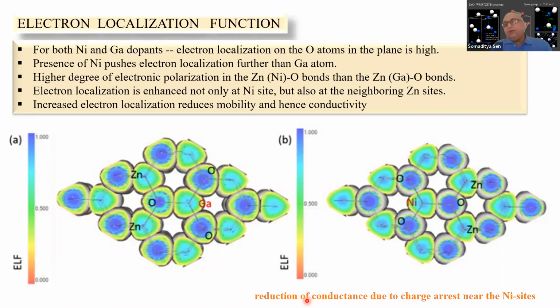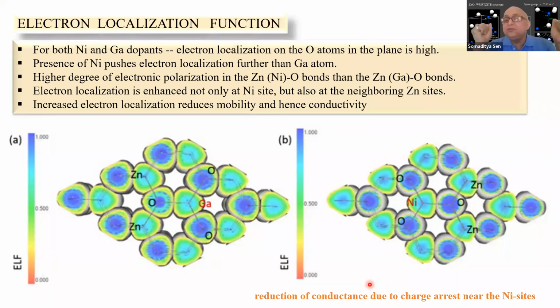Okay. Now, if we put this CIF file into a simulation process to understand how the electronic properties are changing, we can find out how the electrons get localized along a dopant element. Okay, so here we can see that the electron density is very low along a nickel ion. That means the entire cloud of electrons is concentrated on the neighboring oxygen, and the distribution around nickel becomes very less.